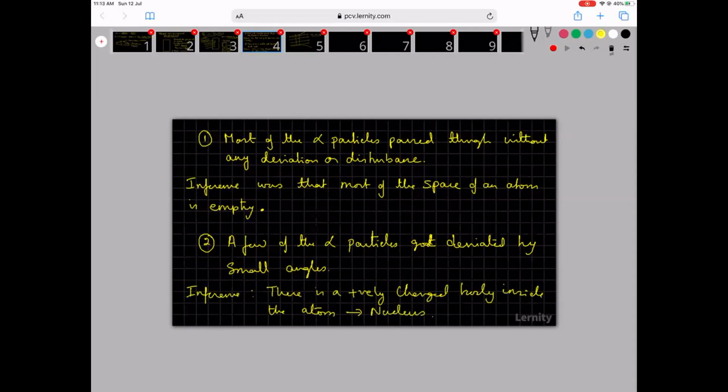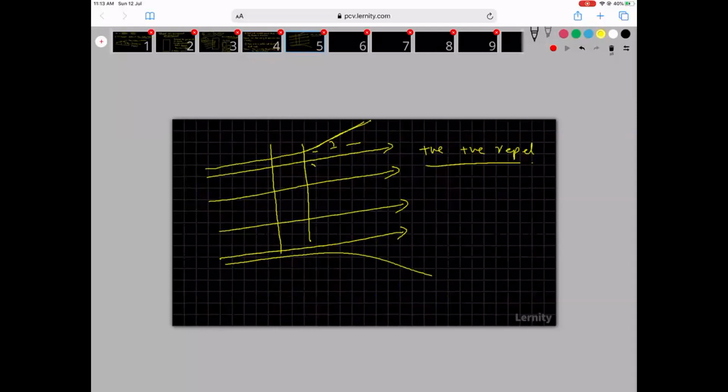A few of the alpha particles got deviated by small angles. So you may draw this diagram and understand that most of them pass through without any repulsion or any problem. A few of them got deviated by small angles.